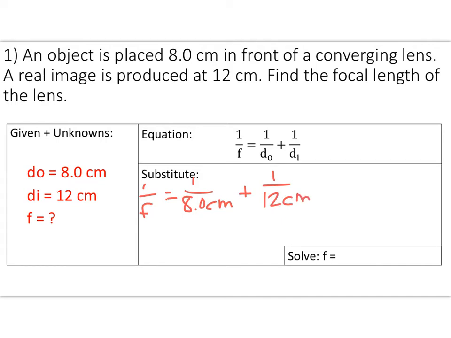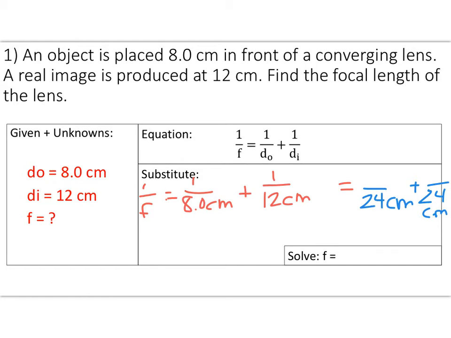And we can't just add 1 over 8 plus 1 over 12. We need to find our lowest common denominator. So the lowest number that 8 and 12 will both go into, which is 24. So we know it's going to be something over 24 centimeters plus something over 24 centimeters.